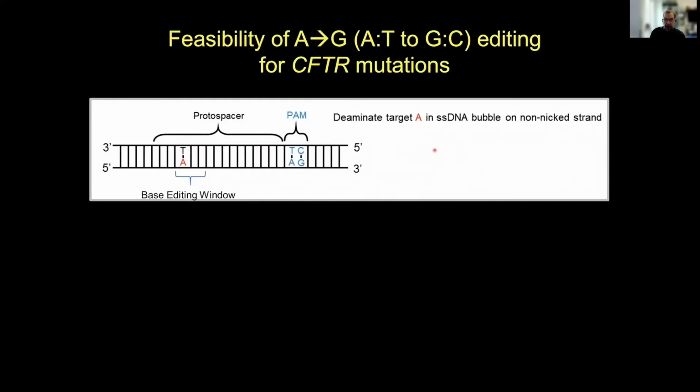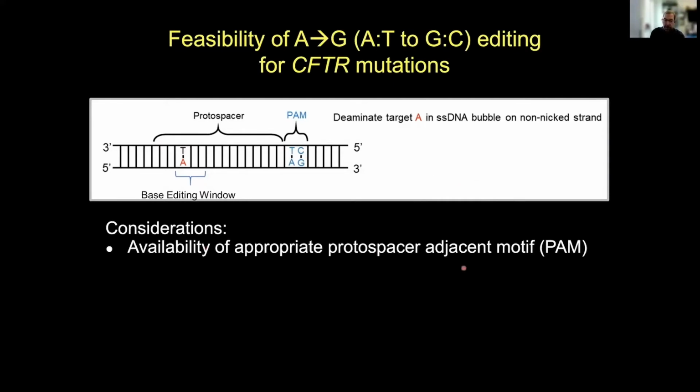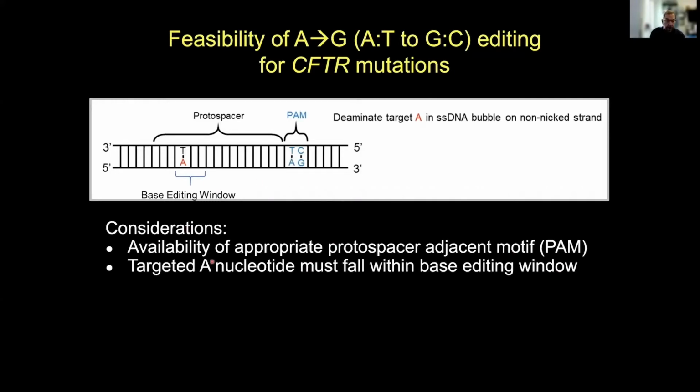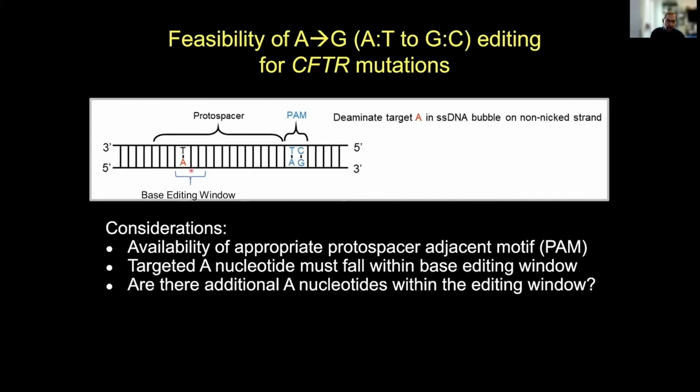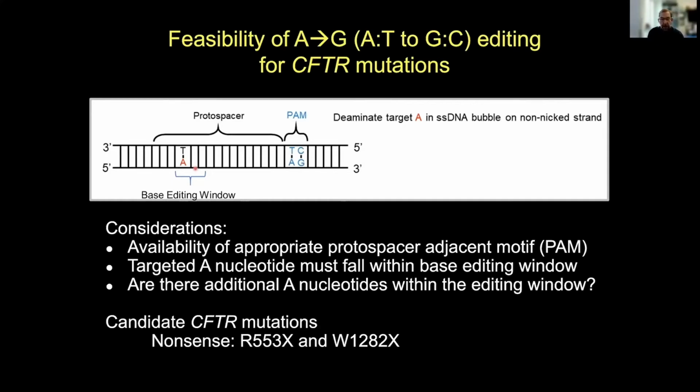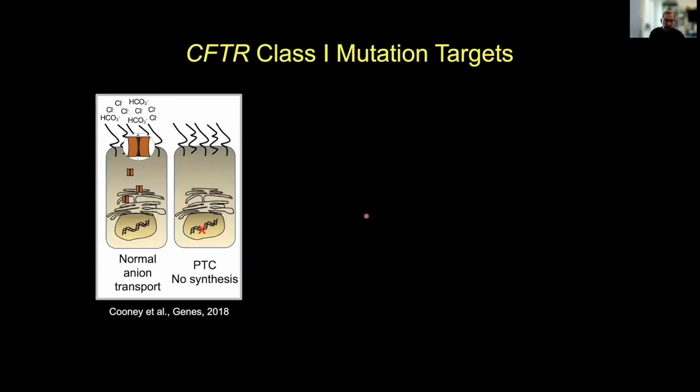Some considerations for approaching CFTR mutations with this is the availability of an appropriate protospacer adjacent motif, or PAM. The targeted A residue must fall within the base editing window, and it's also important to consider whether there might be other A's within the editing window which could be subject to bystander edits. And we have selected 2 mutations as candidates for proof of principle studies.